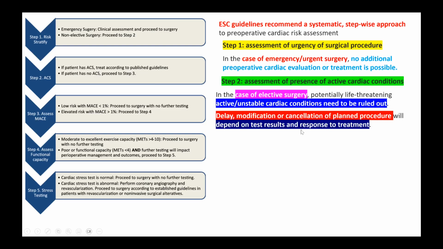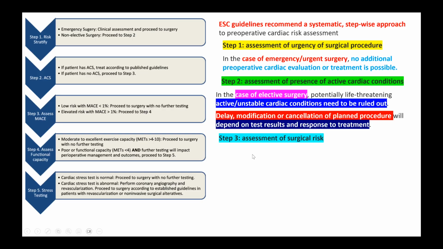So, if the patient is in pulmonary edema or cardiac failure, and you can wait for the response to the diuretic therapy or cardiac supportive drugs, then you can allow the patient to remain in hospital, improve the condition, and then plan for the surgery. So that is where delay, modification, or cancellation is also advocated.